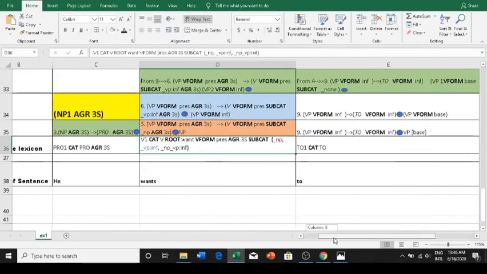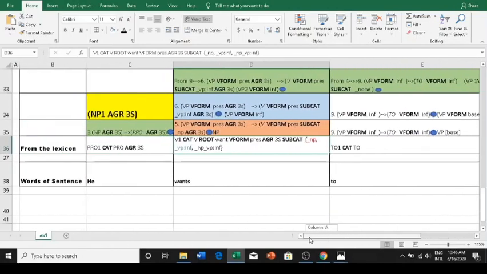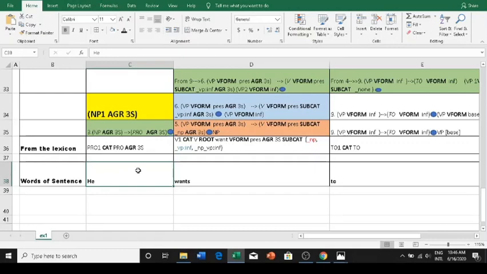All other words have their lexicon entries written. In the case of "he", it is a pronoun with AGR feature 3s, and "once" is finally a verb present tense form with AGR feature 3s and subcategorization values.